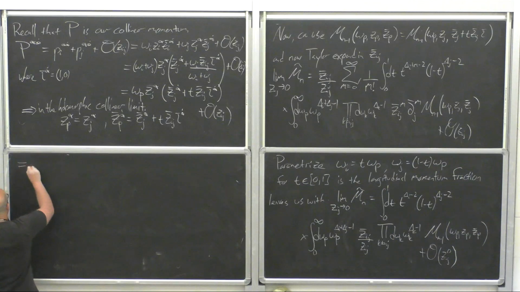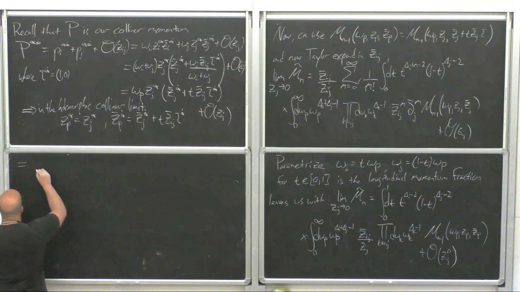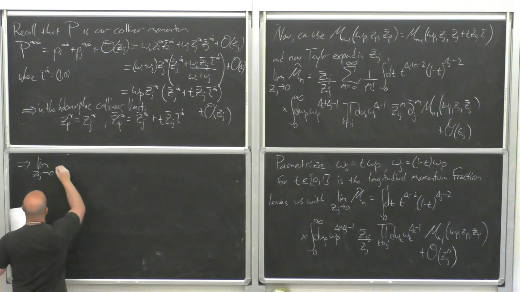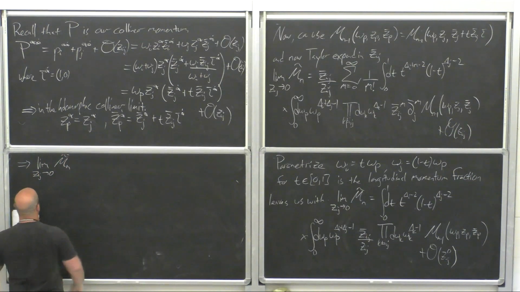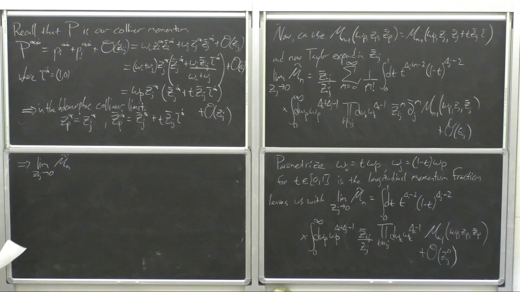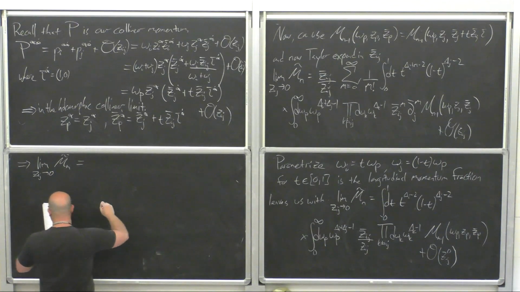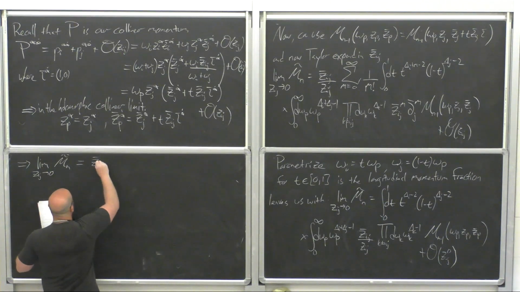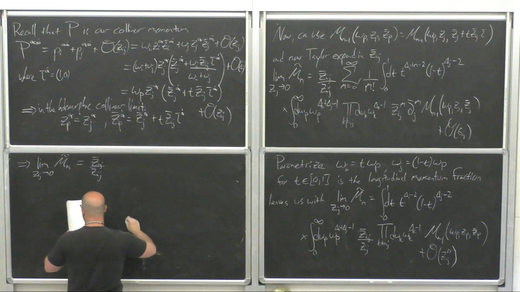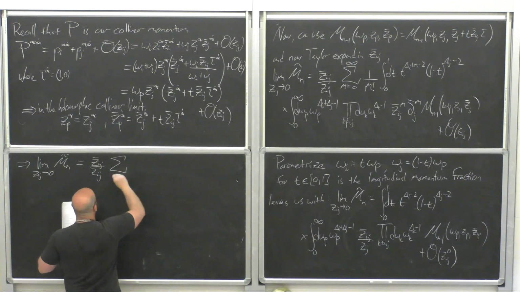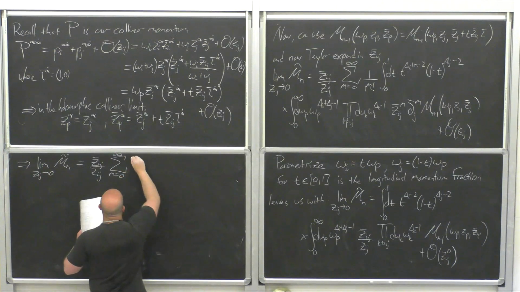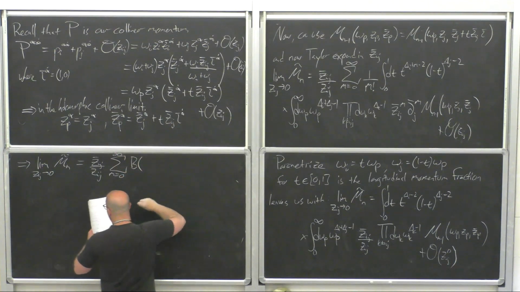So what one gets here is that the limit z ij goes to 0 of the celestial amplitude is equal to z bar ij over z ij times an infinite sum, m equals 0 to infinity. These coefficients are Euler beta functions.